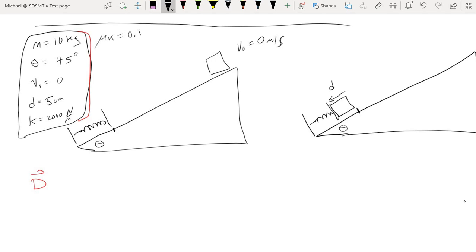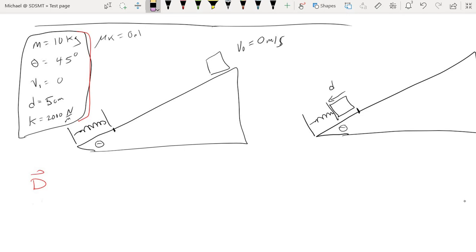We'll do 0.1. So what's the total displacement down the incline? What is the height of the incline? Actually, no, we won't ask that. We'll just ask the total displacement down the incline.